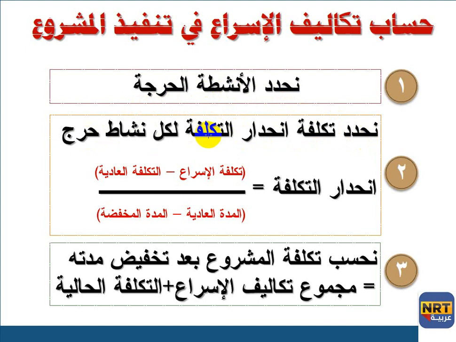The cost is as follows: the crash cost and the regular cost, the regular or normal duration and the crash duration, preferably like the regular duration, not the crash here. 3.